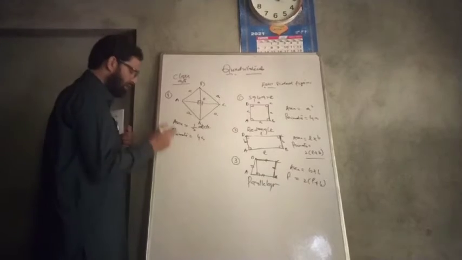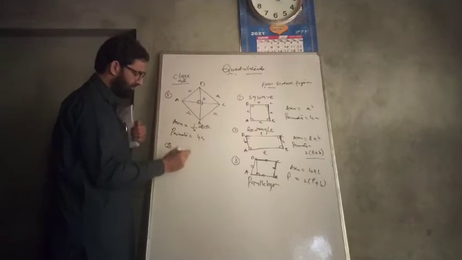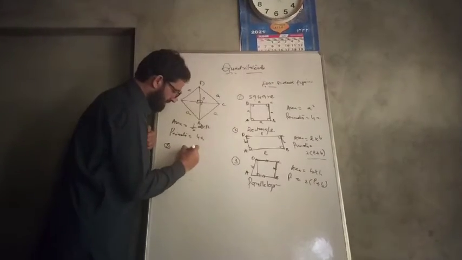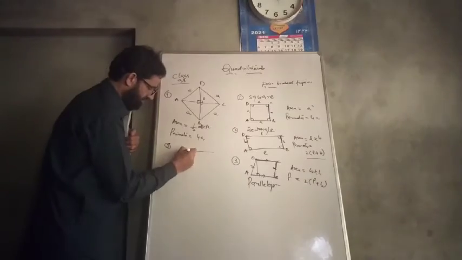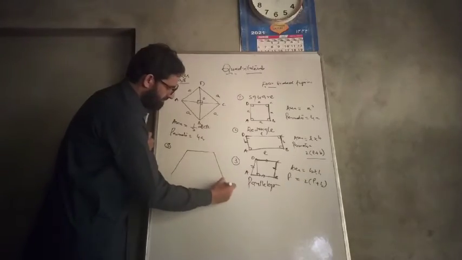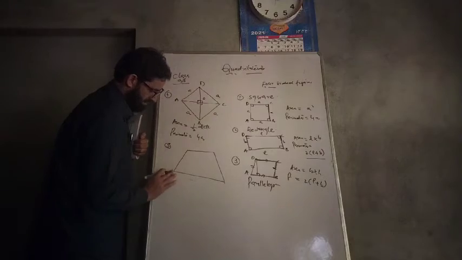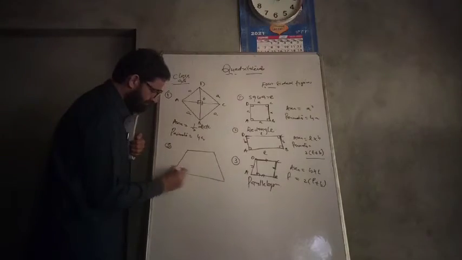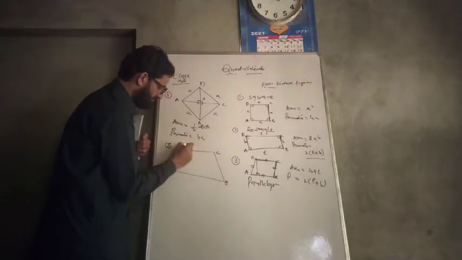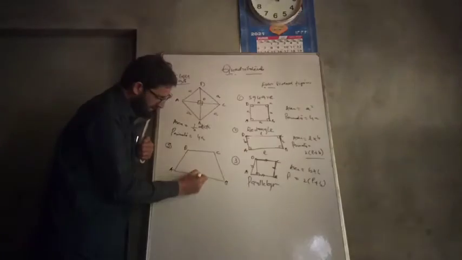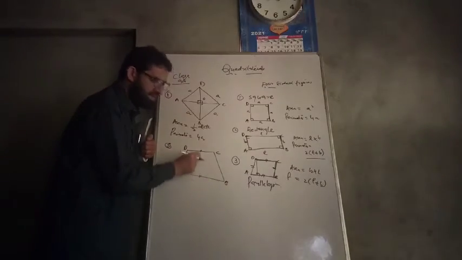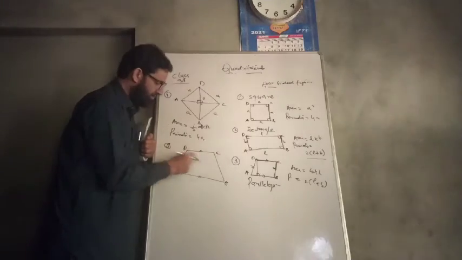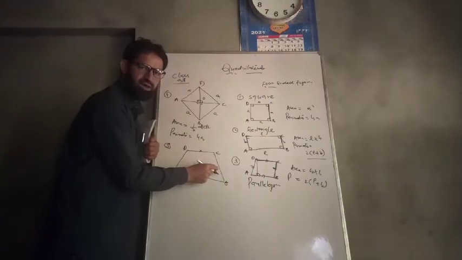So now the fifth quadrilateral is called a trapezium. ABCD is a trapezium, and one pair of sides is parallel. AB is parallel to DC, and one pair of sides is non-parallel.